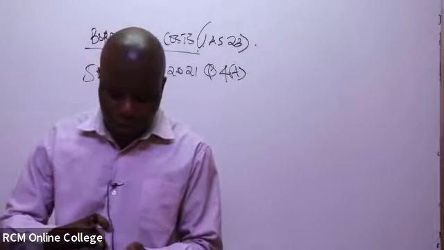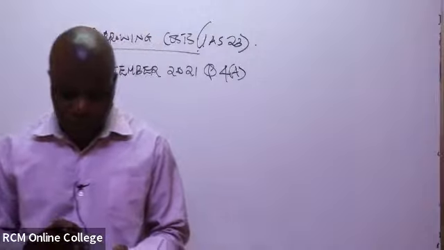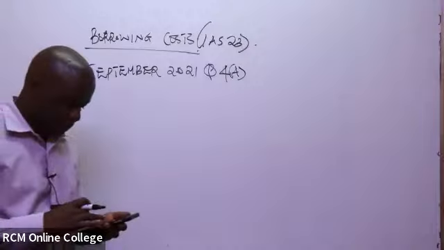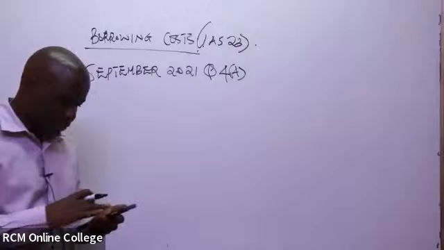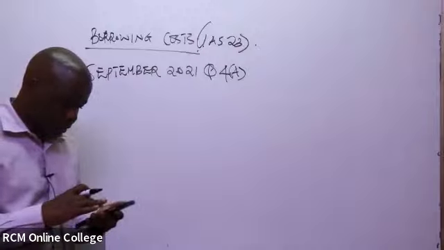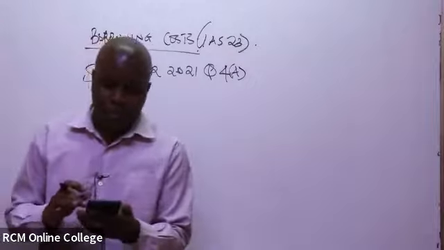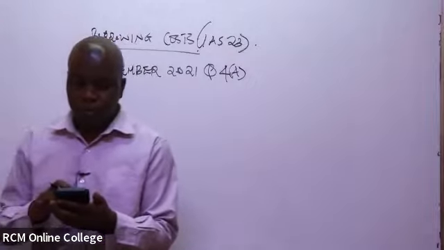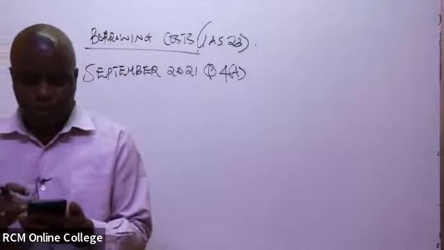So it is a past paper for September 2021, question number 4A. Maybe I can go through the question. It is about Darubini. Darubini Limited has provided the following schedule of its long-term loans for the year ended 31st of December 2020.